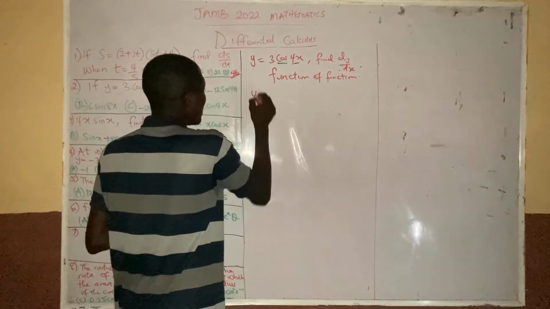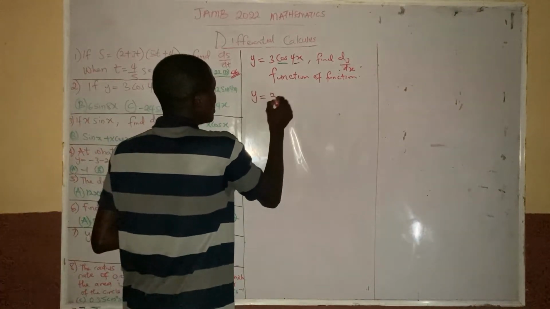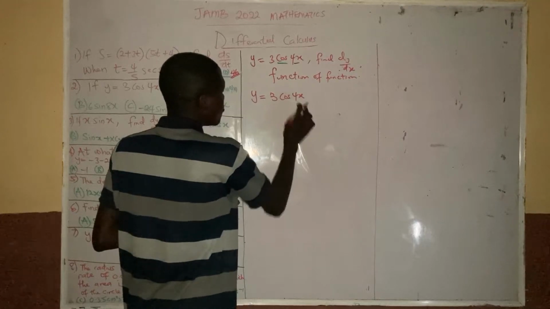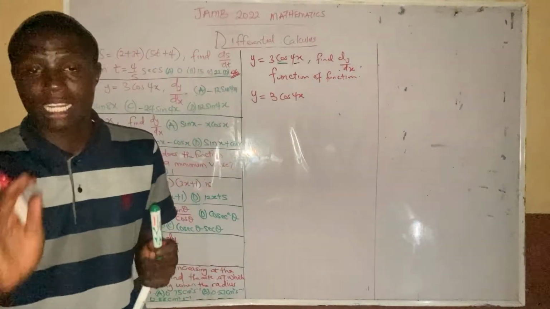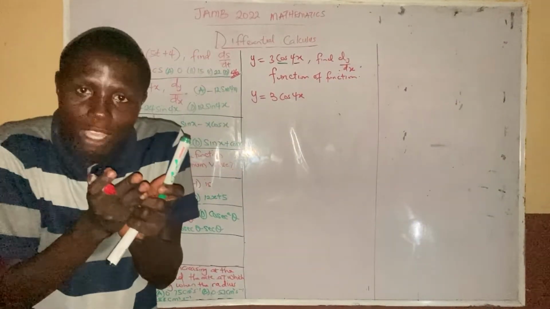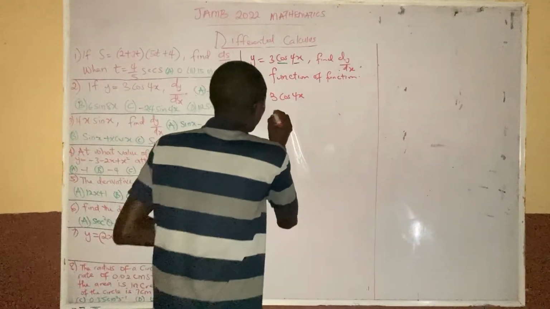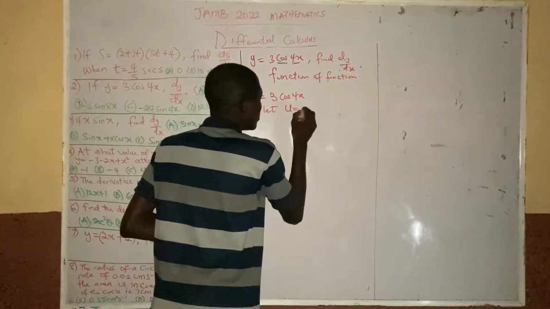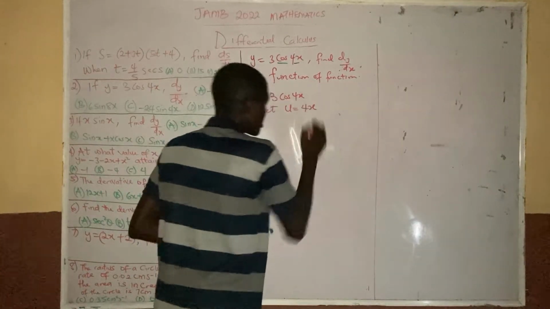So y is equal to 3 cos 4x. Now represent the power function with another letter, so as to simplify your problem. Let u equal to 4x.